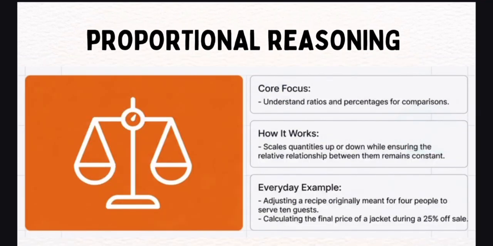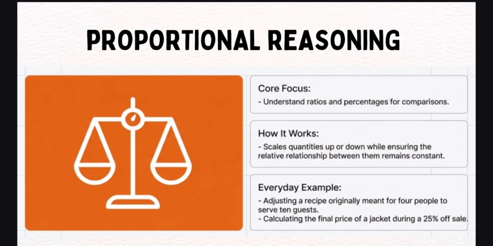Next one is proportional reasoning. This understands ratios and percentages for comparisons. This type of reasoning scales quantities up or down while ensuring the relative relationship between them remains constant.